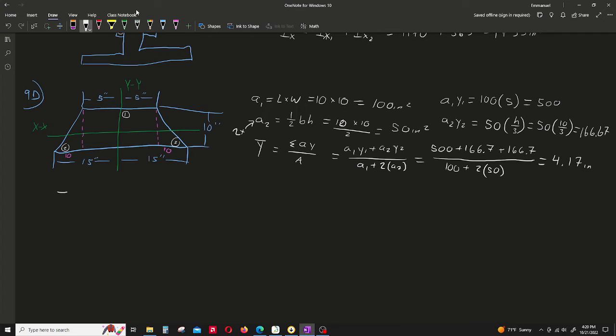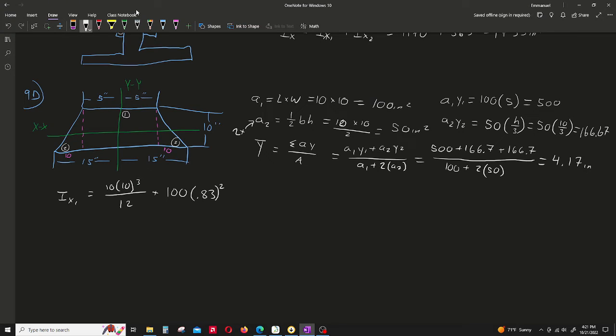So Ix to the first, or Ix1, is base times height cubed, divided by 12, plus AD squared, right? Boom. Plus AD squared, which is 100 times D, which I got 0.83, and that's squared.